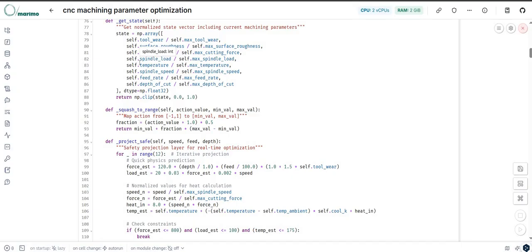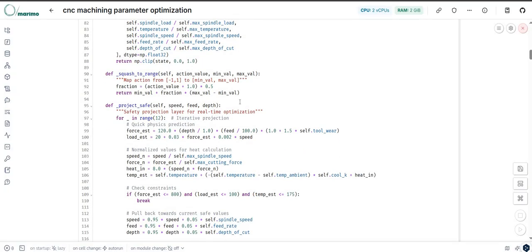And the spindle speed, feed rate, and depth of cut are also divided by their own maximum values. This way, all state variables end up scaled between 0 and 1. This makes it easier for the neural networks to process them, because the inputs have consistent ranges instead of raw engineering units. That's why this function is so important. It translates physical measurements into a normalized state vector that the agent can understand and use for decision making.